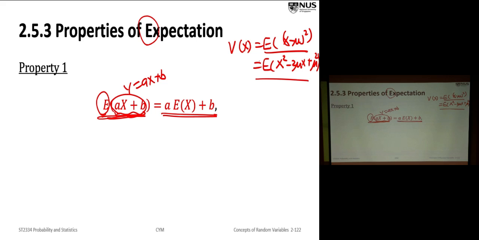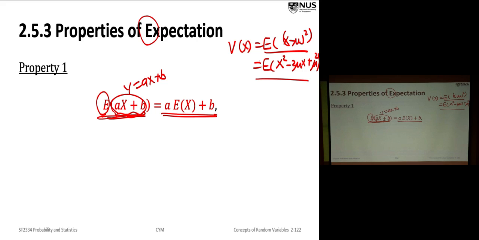We can prove it, but they have different interpretations. The one on the left-hand side, expectation of ax plus b, is the expectation of a random variable equal to ax plus b. In other words, you multiply x by a first and then add b. After that, you take the expectation. That is the sequence.